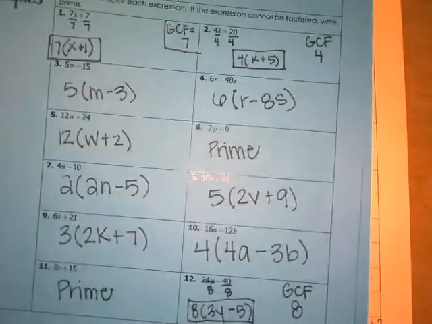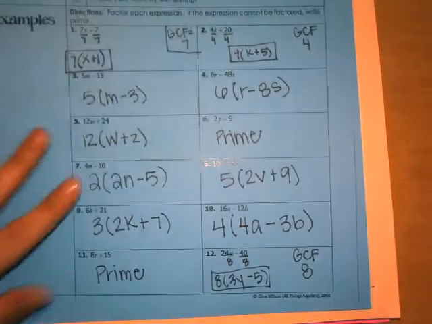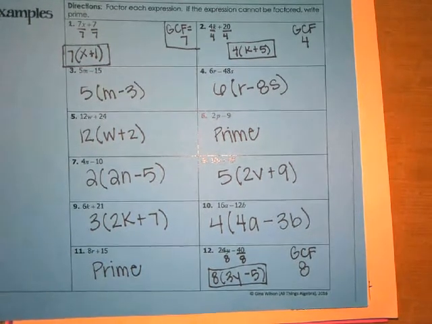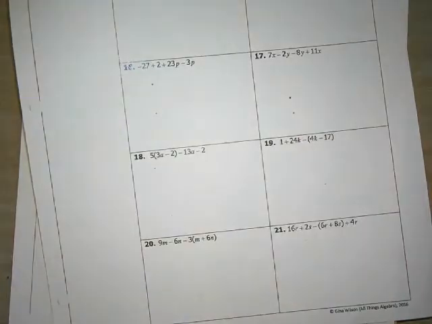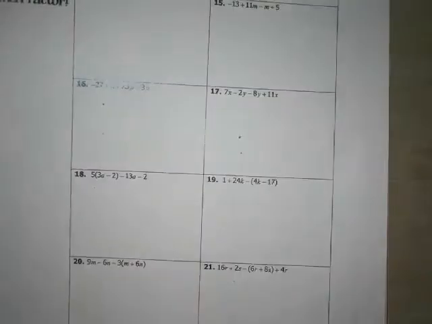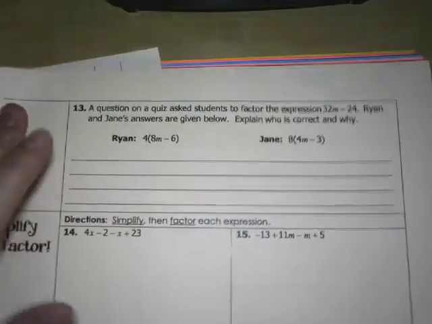All right, questions on just factoring. All right, now everything we've been learning about this week, plus the distributive property, all culminates together on the very last page of our notes. So we are going to go do that page, but before we do this page, I want you discussing with your partner number 13.